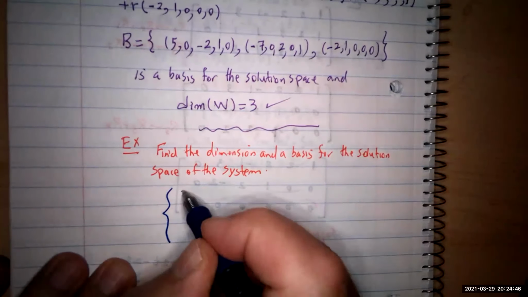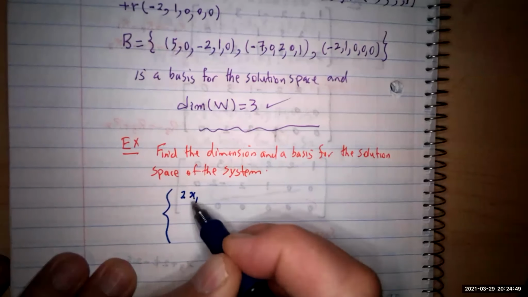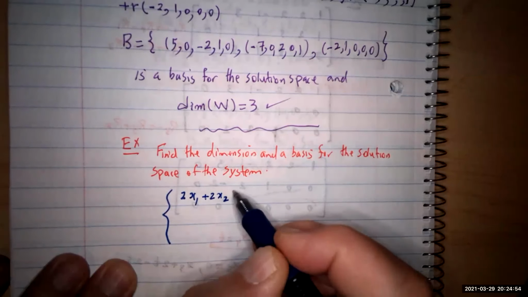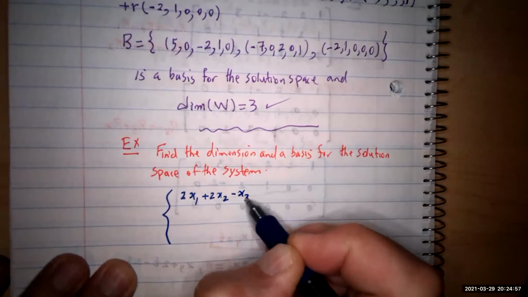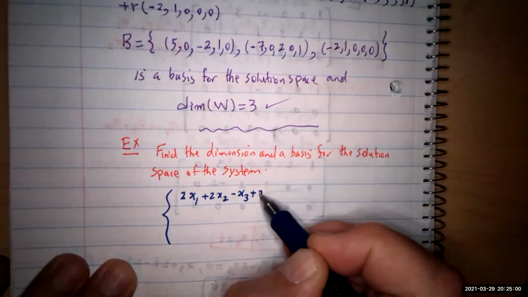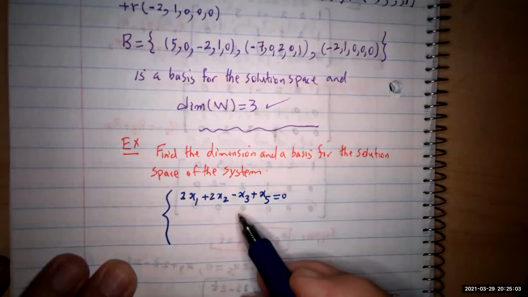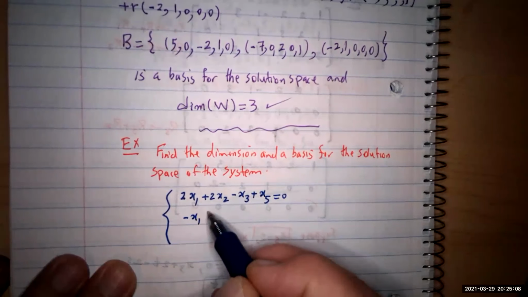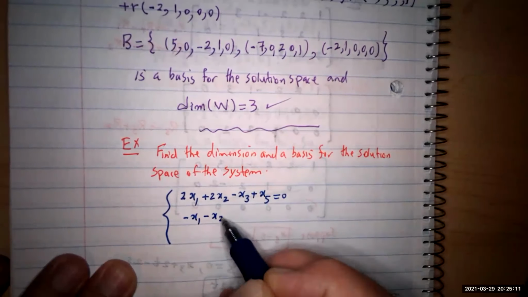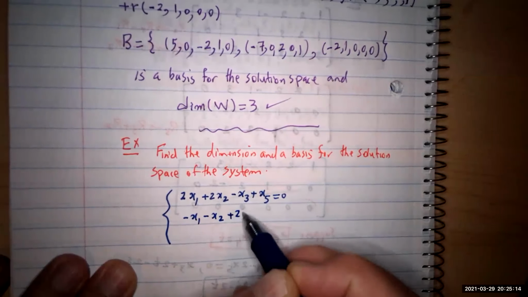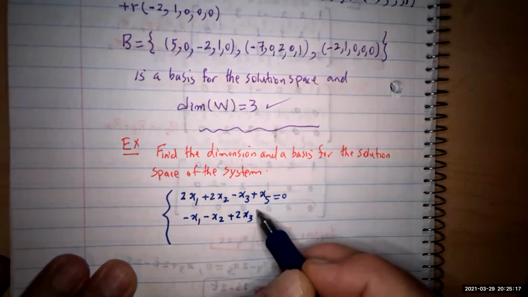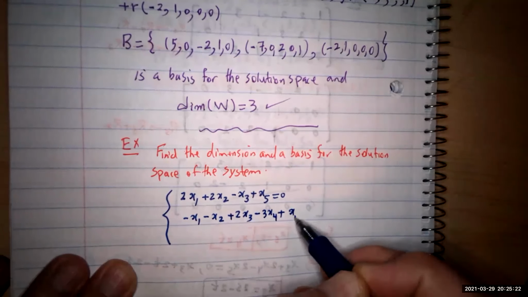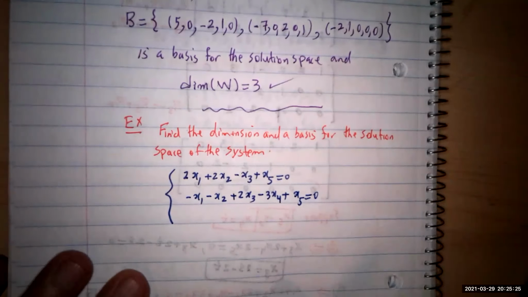This is the system. The first equation is 2x1 plus 2x2 minus x3 plus x5 equal to 0. The second equation is negative x1 minus x2 plus 2x3 minus 3x4 plus x5 equal to 0.